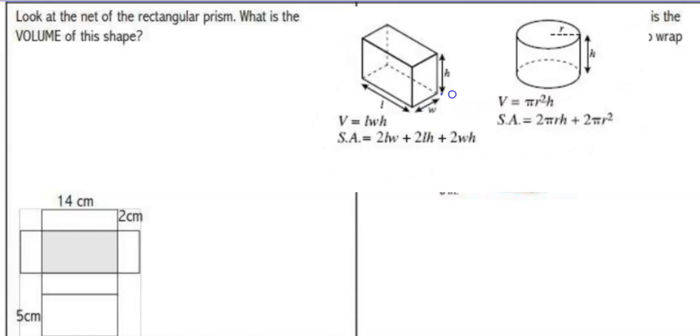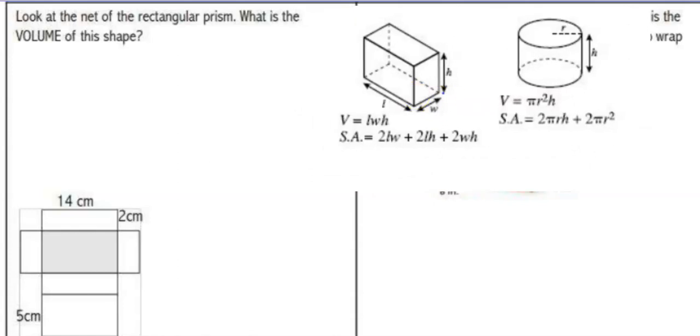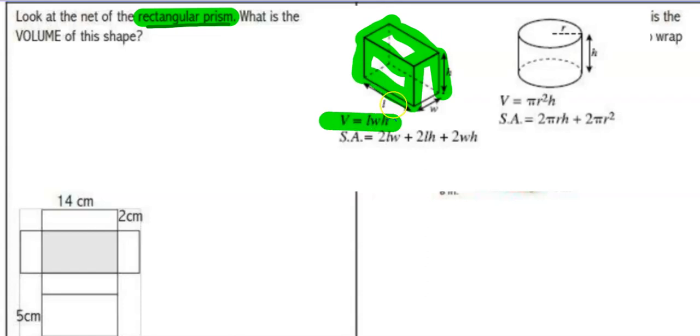You should have your formula sheet. It tells us it's a rectangular prism. Oh, I should highlight that. So we know that this shape here is a rectangular prism. And then the formula for volume is going to be length times width times height.